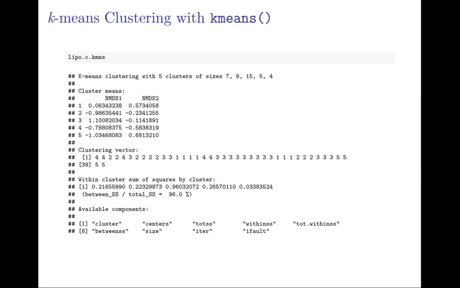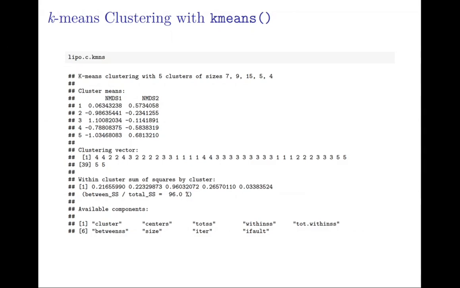So what's basically happening here is that the k-means is clustering with 5 clusters, and within your 5 clusters, you're getting 7 accessions in one, 9 in another, 15 in another, 5 in the next, 4 in the next.